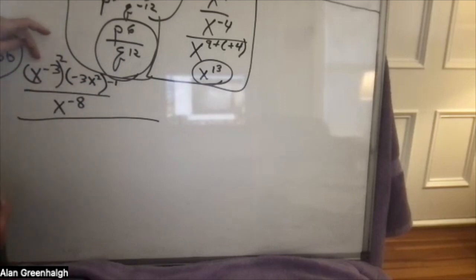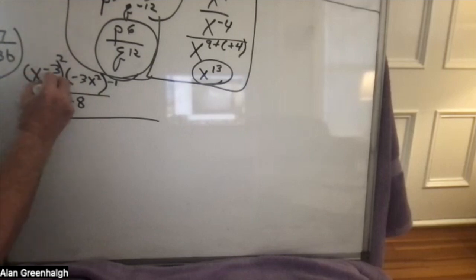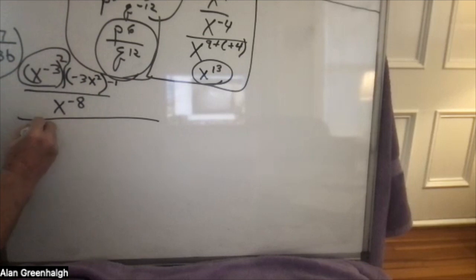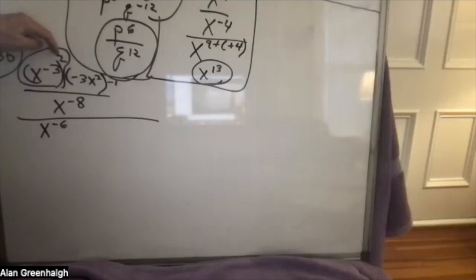So what I would do is this part of the problem right here, and we get x to the negative 6. Just multiply 3 times 2 is 6, keep the negative. Now, this is the problem, because you don't quite know what to do with that.